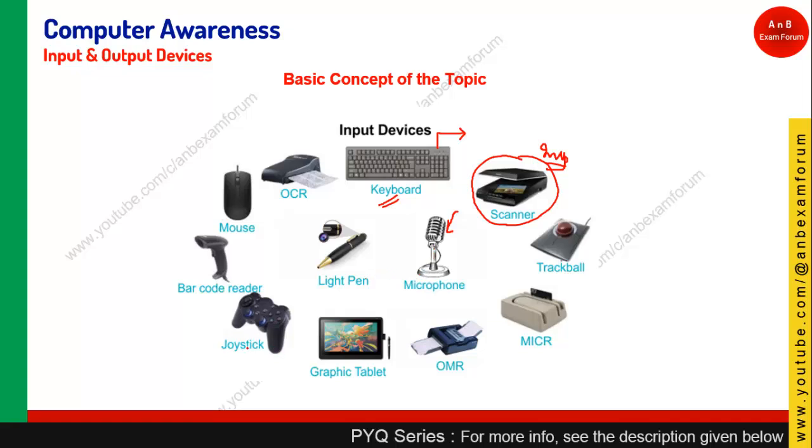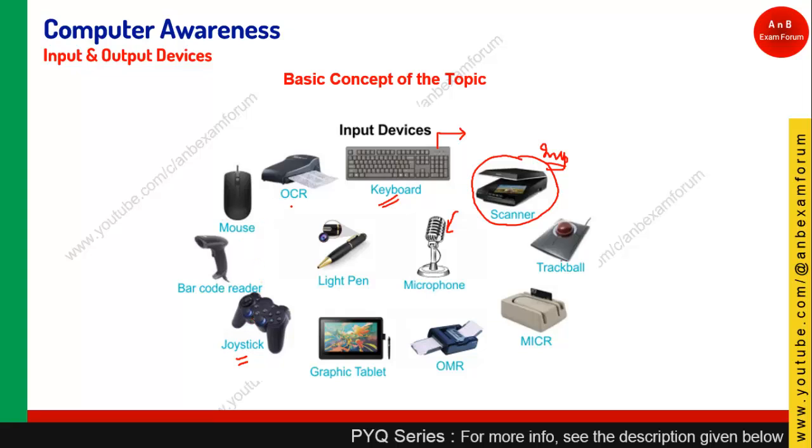Coming to the joystick, it is again an input device. How is it an input device? It has certain controls, with which you can move the cursor, move the pointer, or move the character on the computer.